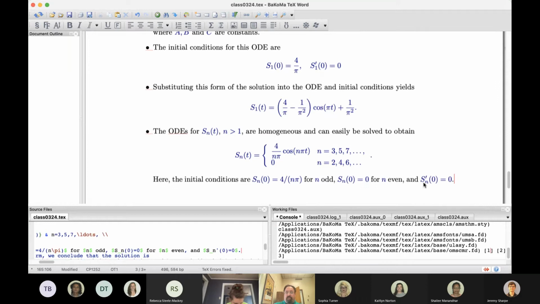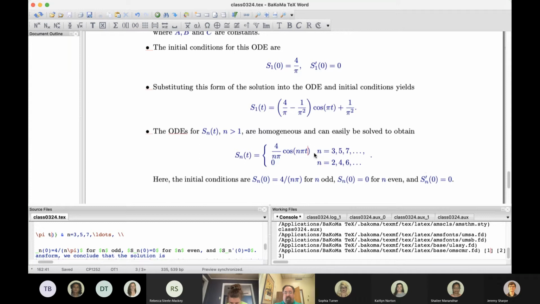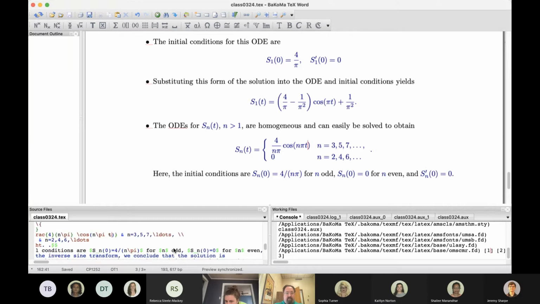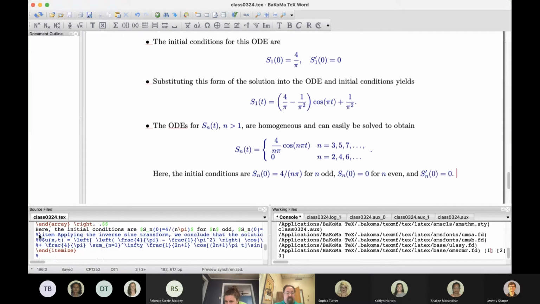Because both initial conditions are 0, the solution is 0 for all even values of n. For all odd values, we just have the initial value times this cosine. Because of this initial condition being 0, there's no sine term. So now we have Sn of t for all n. Here's the case n equals 1, and then here's the rest.